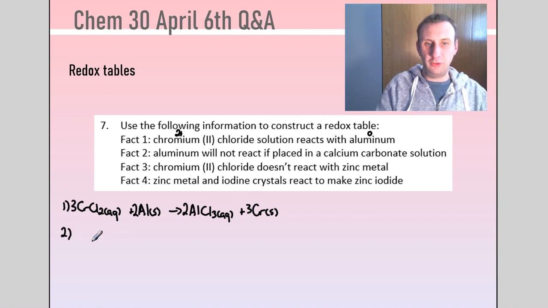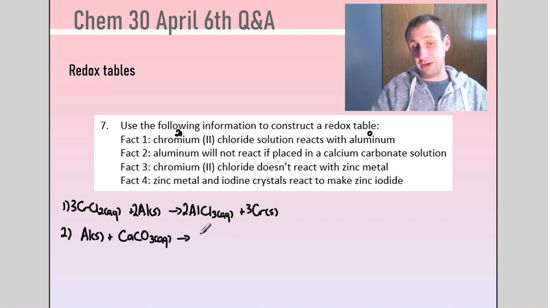Number 2, aluminum will not react if placed in calcium carbonate solution. So aluminum solid and calcium carbonate, CaCO3 aqueous, which truly isn't aqueous, but we're going to pretend like it is, makes, and I know it's not making it, but we're still going to finish this half reaction.